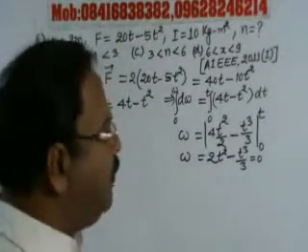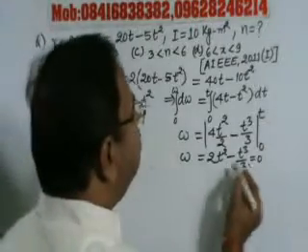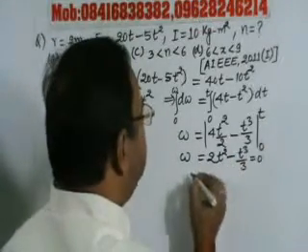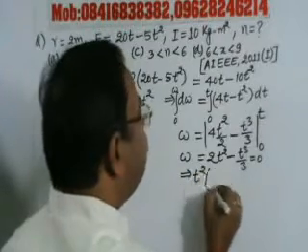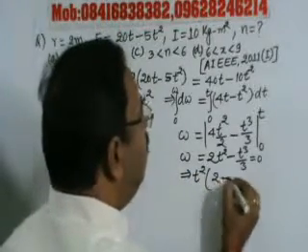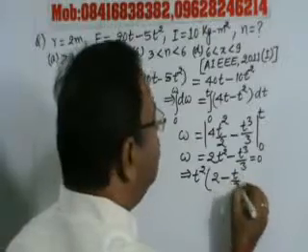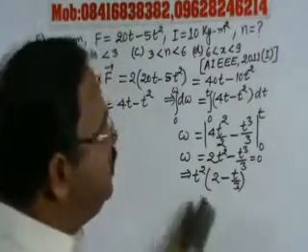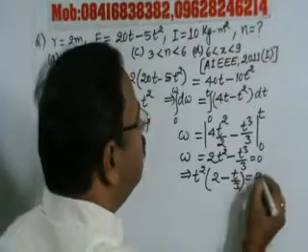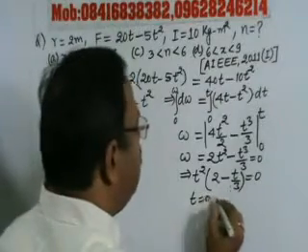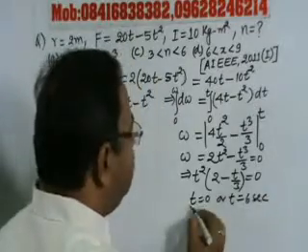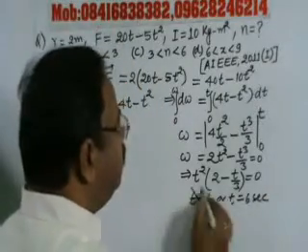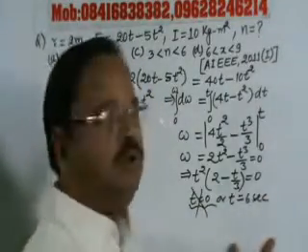Taking t square common, t square into 2 minus t by 3 equals 0. So either t is 0 or t is equal to 6 seconds. The t equal to 0 gives the initial case, so it is not admissible. We have t equal to 6 seconds.